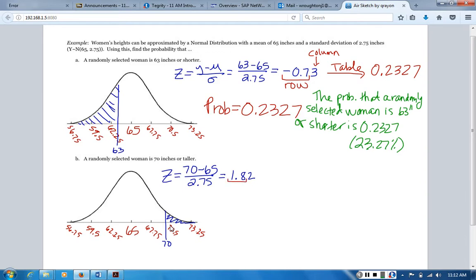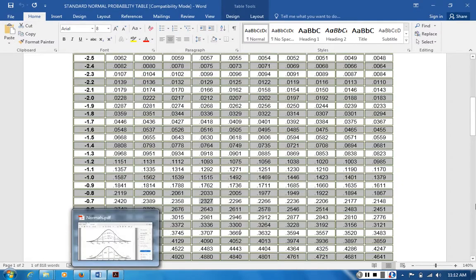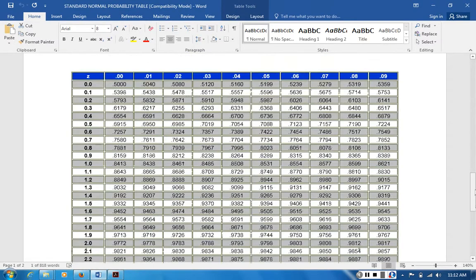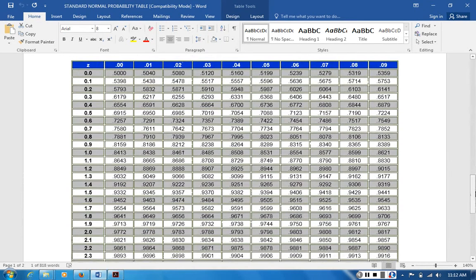The first, up to that first decimal point, again, tells me my row that I go to. That second decimal point tells me my column I should go to in my z table. So here's my 1.8 as my row, my 2 as my column, so I get 0.9656.